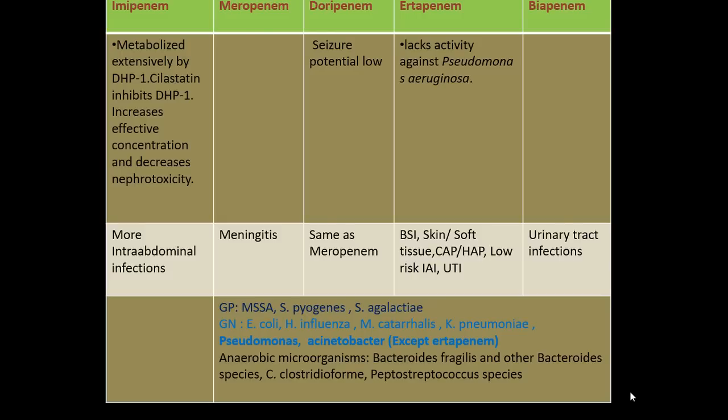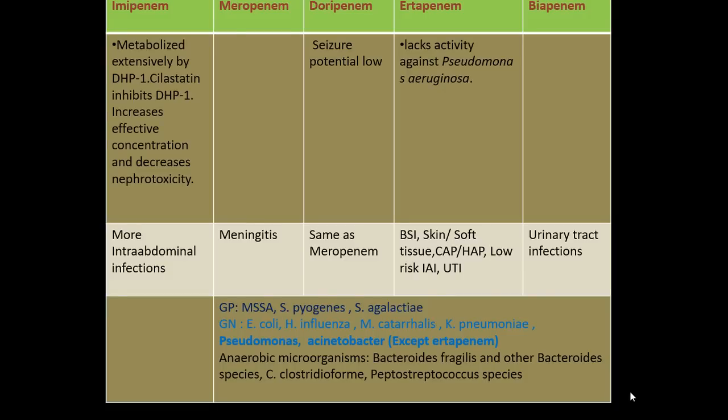Regarding the other penems, they are extensively used as broad spectrum coverage both for gram-negative and, to an extent, gram-positive. Anaerobic organisms include Bacteroides fragilis, and as you know, it has a decent coverage regarding anaerobes also. So whenever you are using meropenem, probably you don't need any additional anaerobic coverage in the form of metronidazole.